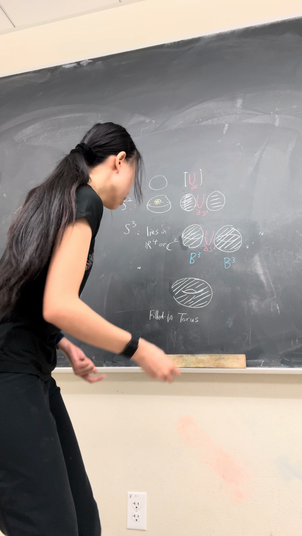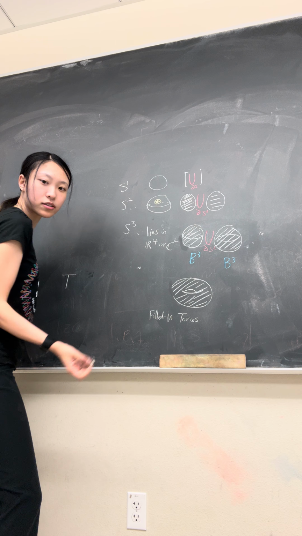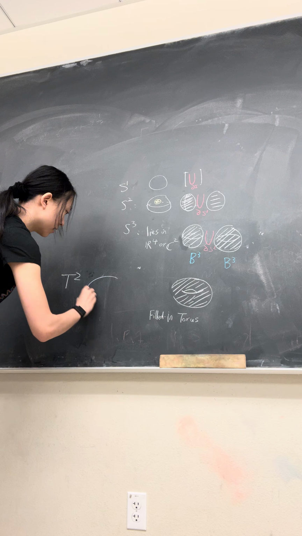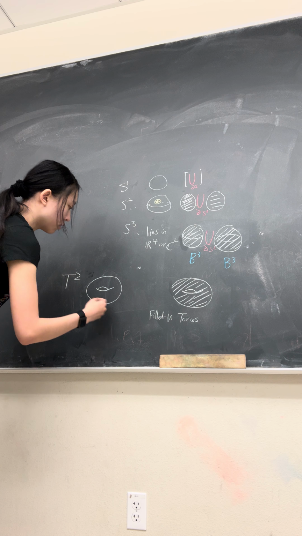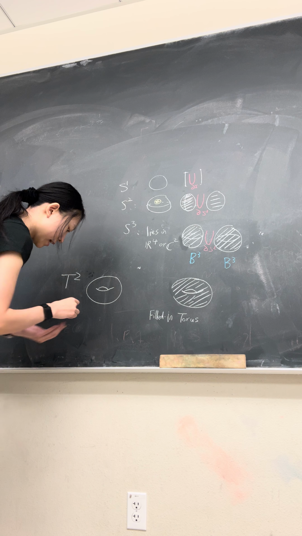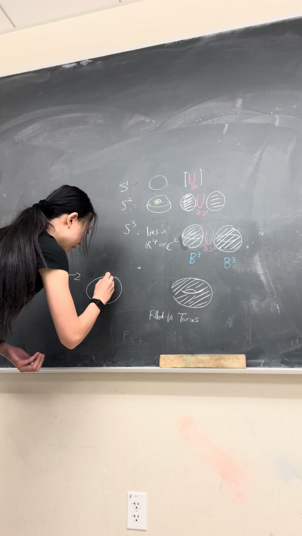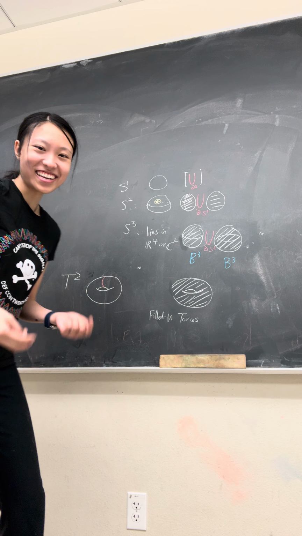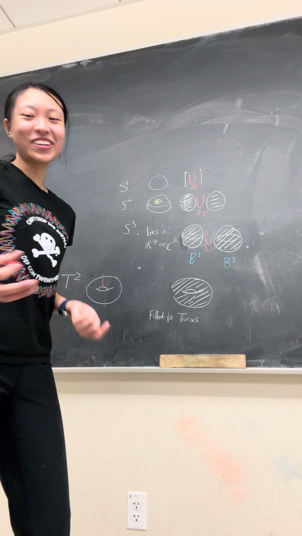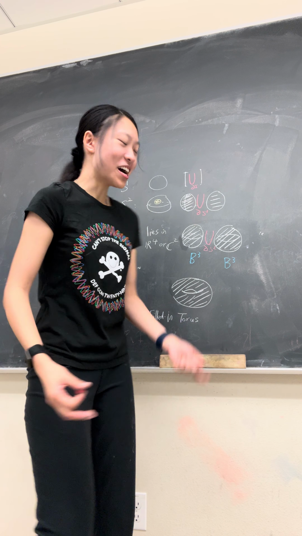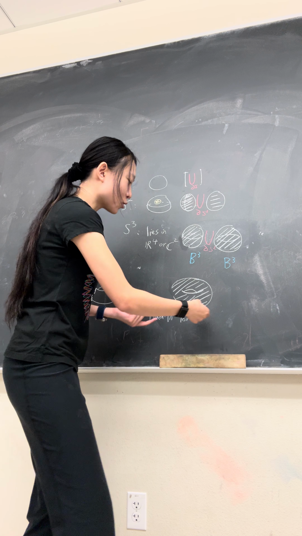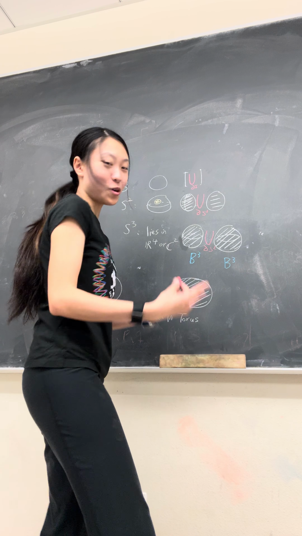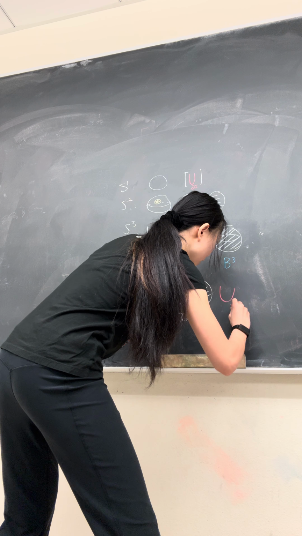So when people say T2, they normally mean just the shell of a donut, this hollow thing with a hollow tube thingy. I actually said hollow tube thingy in my research meeting, and I think it's fun. So S3 can be constructed by two filled-in tori glued along the boundary T2.